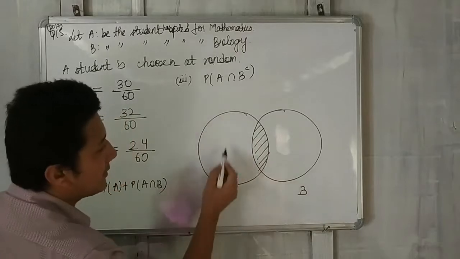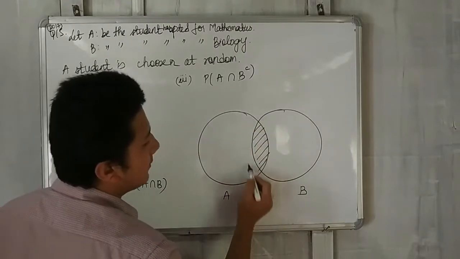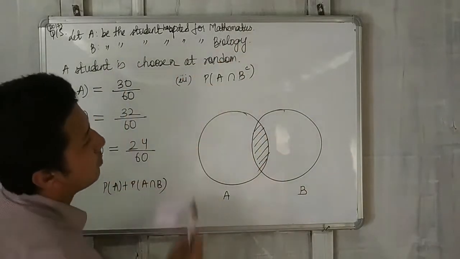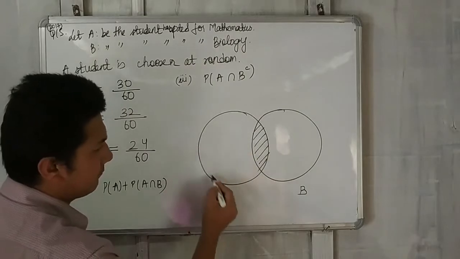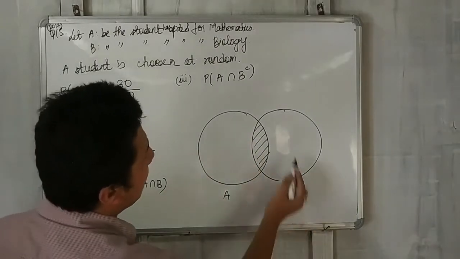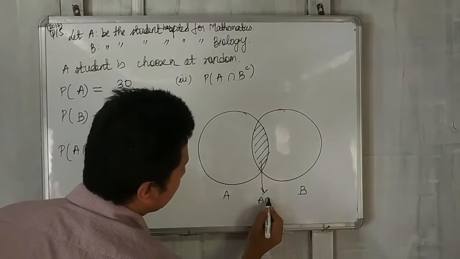Alright, so this portion of the students is A, and this is B. What is A? A means the students who have opted for maths. Opted for maths is this much, opted for biology is this section, and opted for both is this intersection.